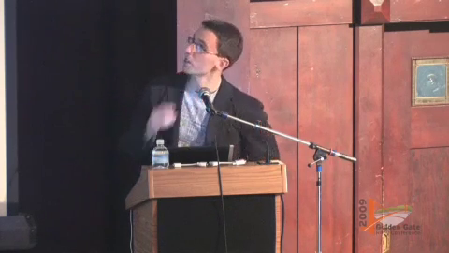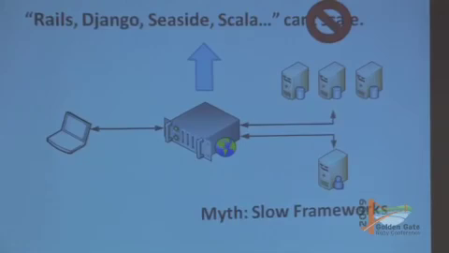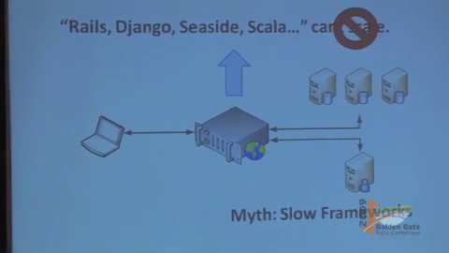So on that note, I think one of the reasons that the reverse proxy is extremely popular, or at least we all know it today, is this myth of the slow framework. So insert your favorite one, right? Rails, Scala, whatever the flavor of the month is. And I think the reason for that is, as web developers, we tend to fixate on the stuff that we're currently working on, which is the application server.